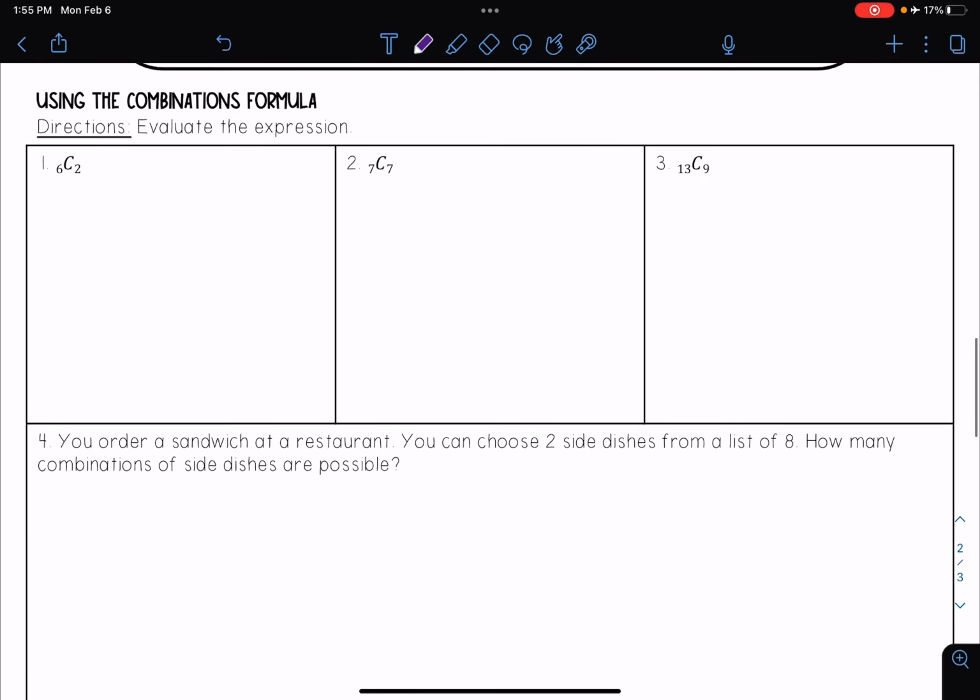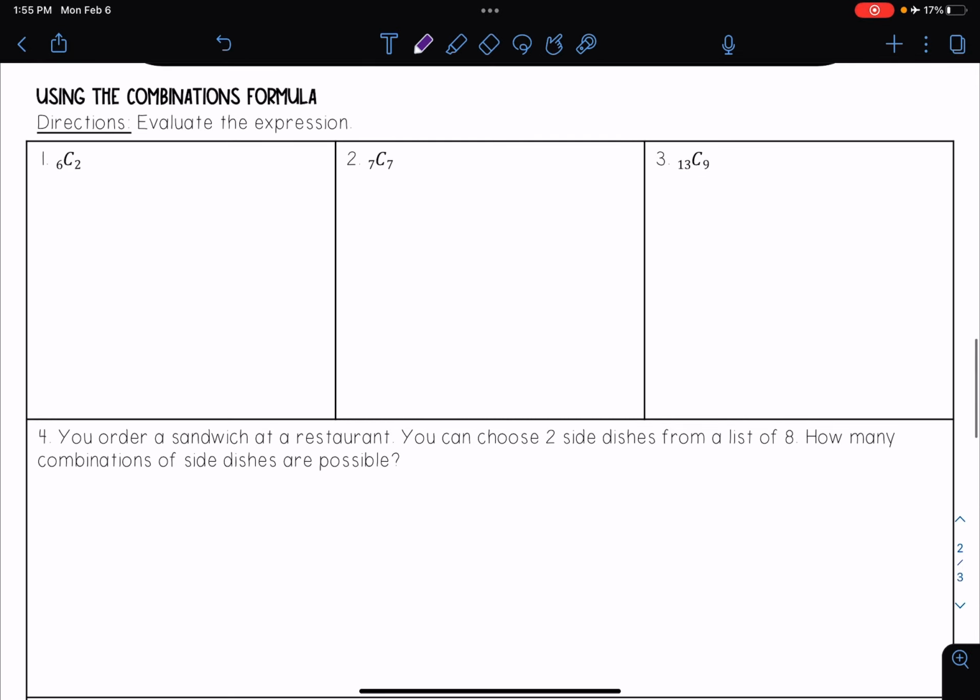So let's do some more examples. So here I have 6C2. So 6 is my n, 2 is my r, and so I get 6 factorial over 6 minus 2 factorial times 2 factorial, which is equal to 6 factorial over 4 factorial times 2 factorial. And now I want to be able to get rid of some stuff.